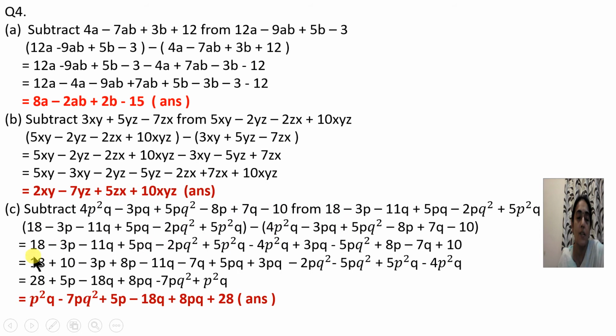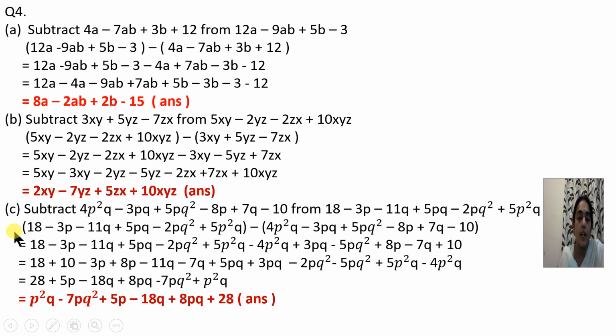That is 18 minus 3p minus 11q plus 5pq minus 2pq square and plus 5pq. This will remain as it is. Then when I open this bracket, the positive term becomes negative, negative becomes positive, positive becomes negative, and negative becomes positive, and positive becomes negative, and negative becomes positive.